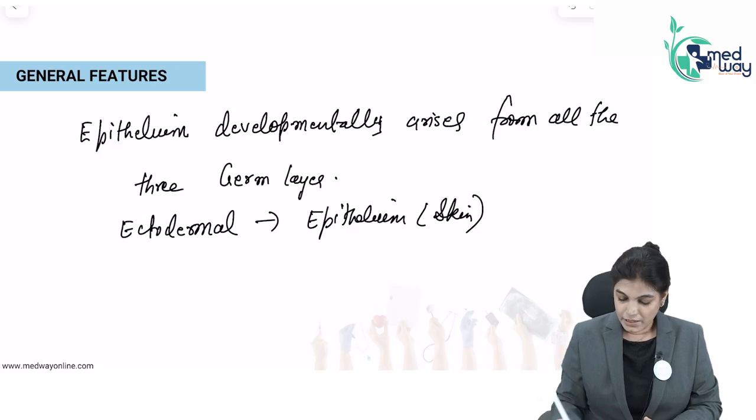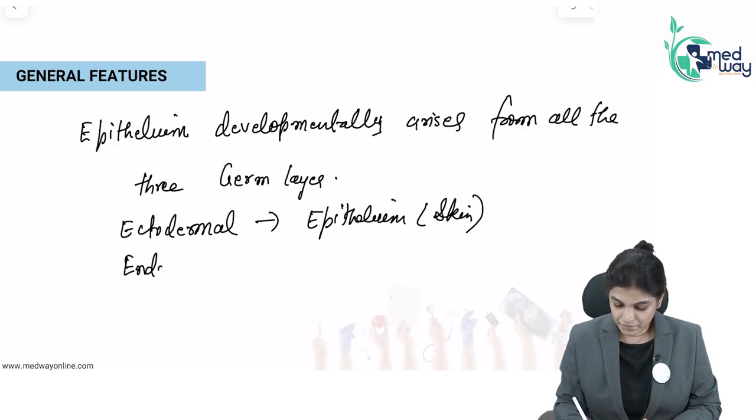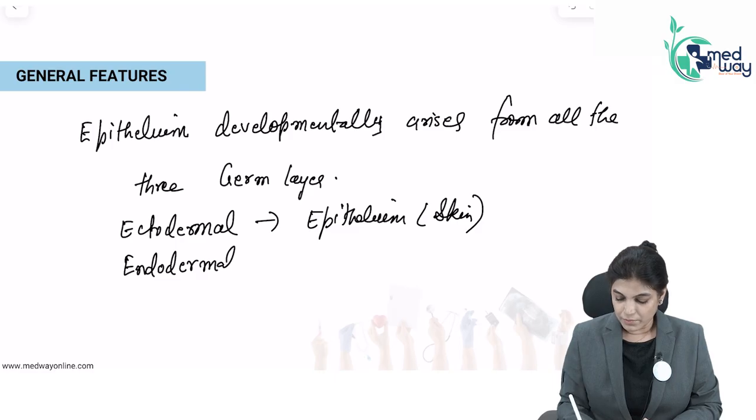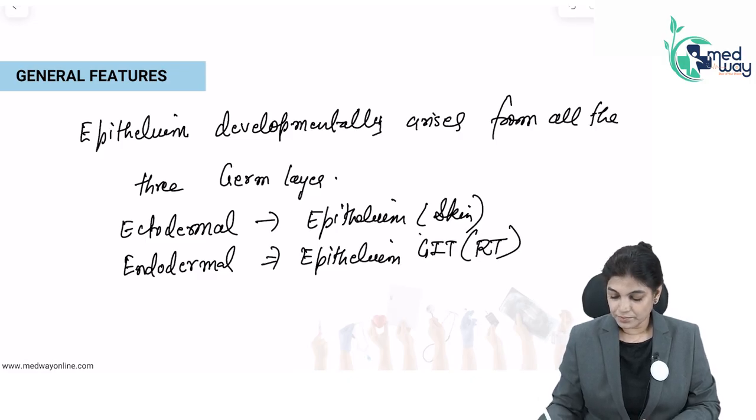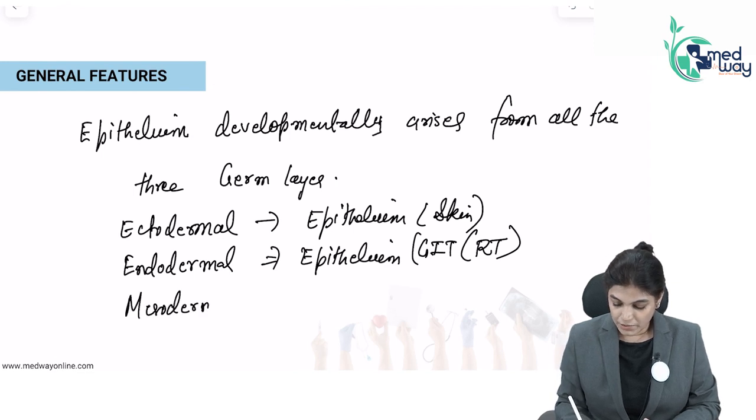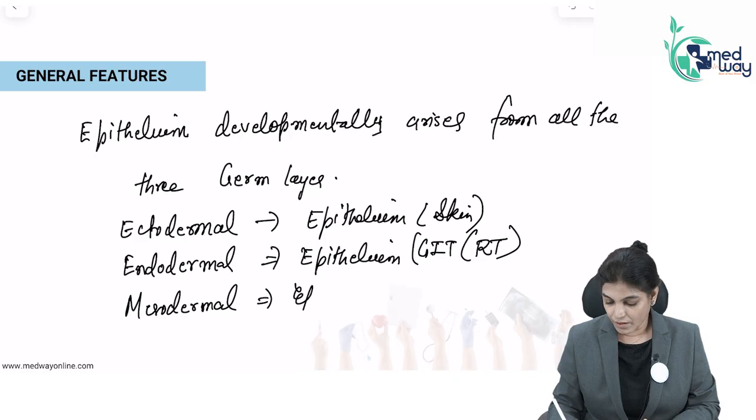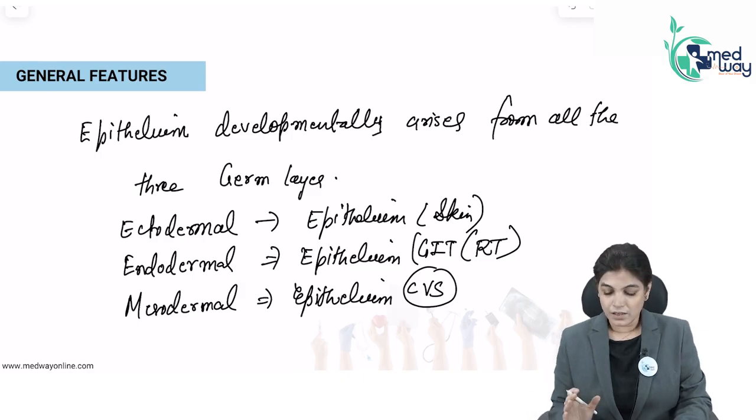It is endodermal in origin when we are talking about the epithelium of the GI tract or respiratory tract, and it is mesodermal in origin if we are talking about epithelium in relation to the cardiovascular system. So this shows us that epithelium has origin from all three germ layers.